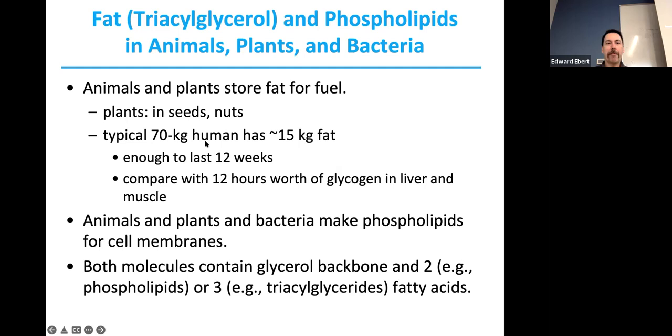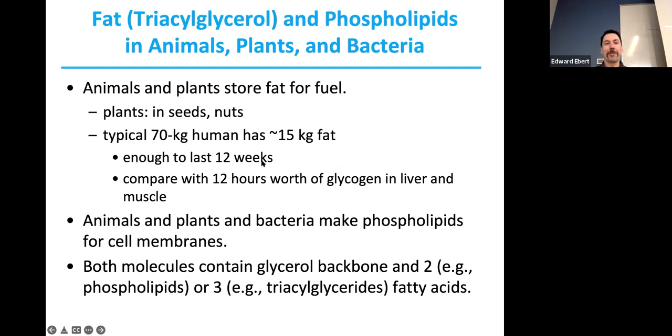If we look at the average 70-kilogram human, so that is about 154 pounds or so, you've got about 33 pounds of fat. So roughly 20% of body weight is fat typically. This is enough to survive for 12 weeks. So if you get lost in the woods in the wintertime, you don't freeze to death and you have enough water, you could survive for 3 months, whole season in there.